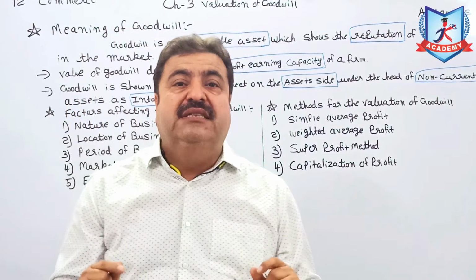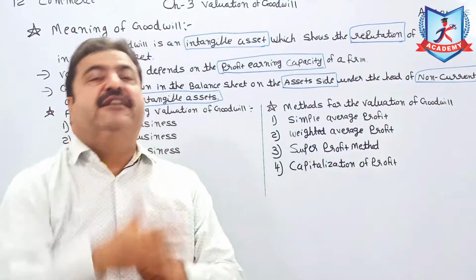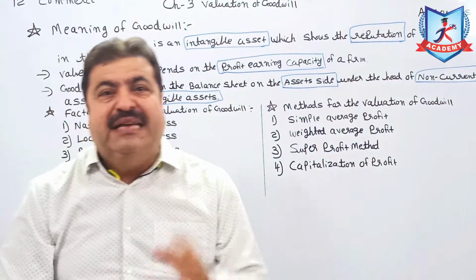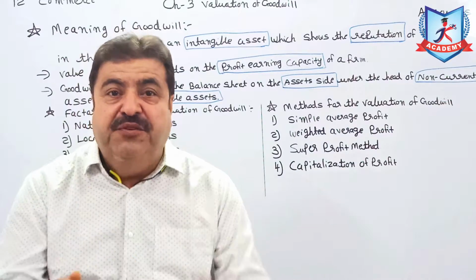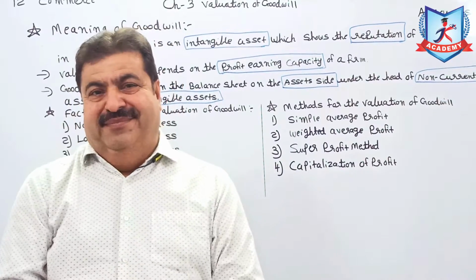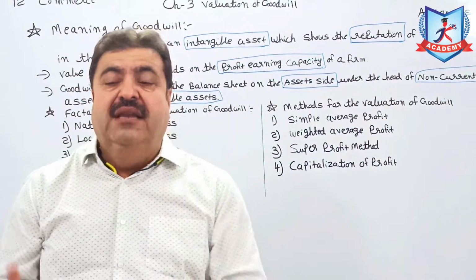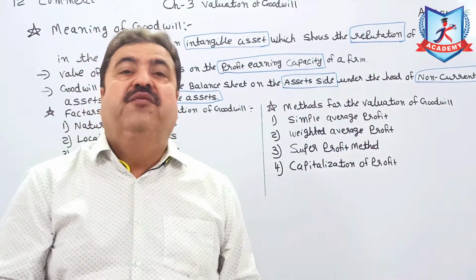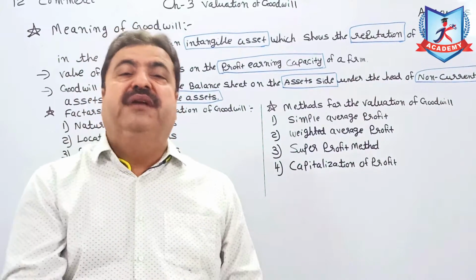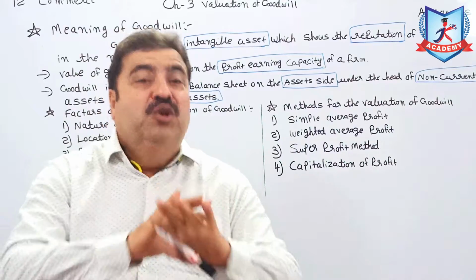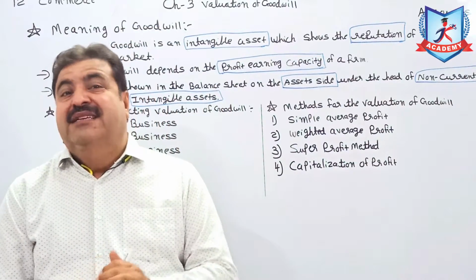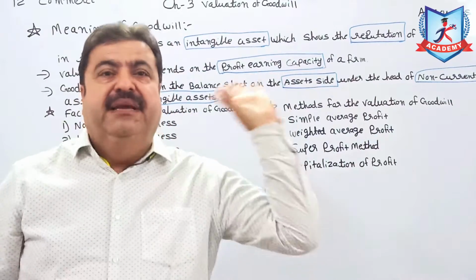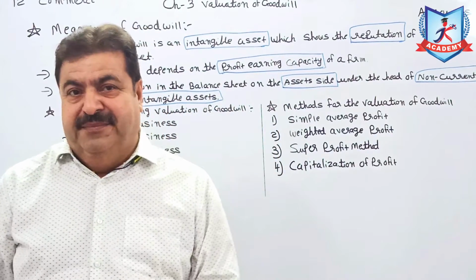Suppose you expect 10 lakhs profit, but your profit is 12 lakhs, then 2 lakhs is called super profit. Where there is super profit, there is goodwill. No super profit, no goodwill. So this is the simple meaning of goodwill.